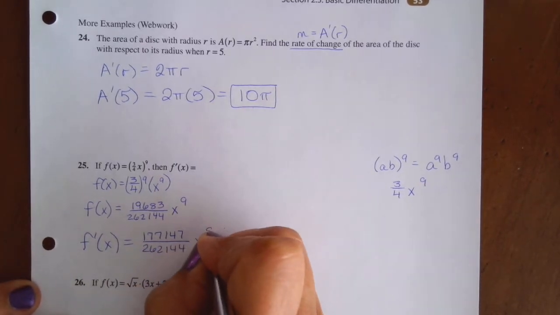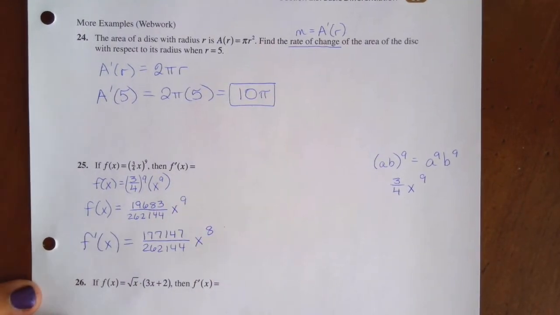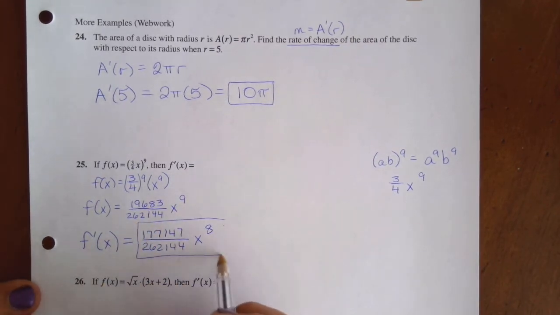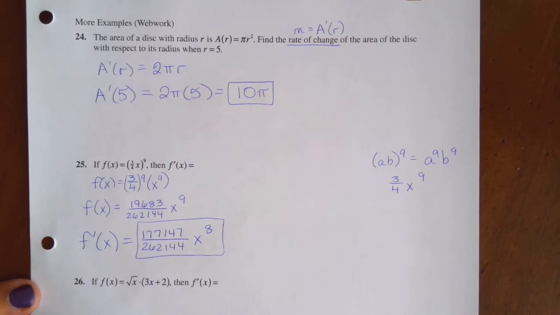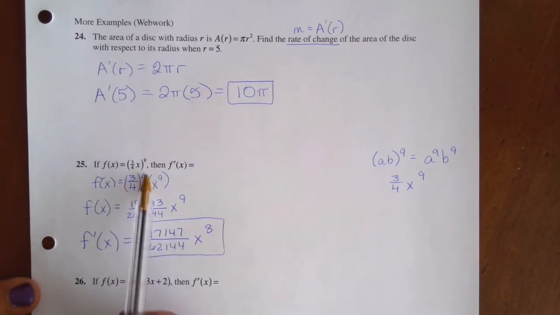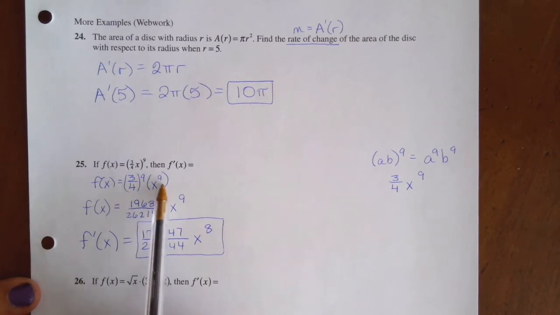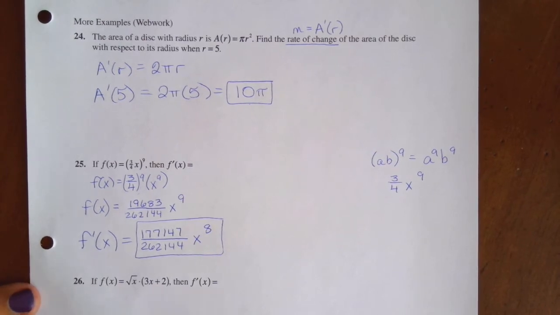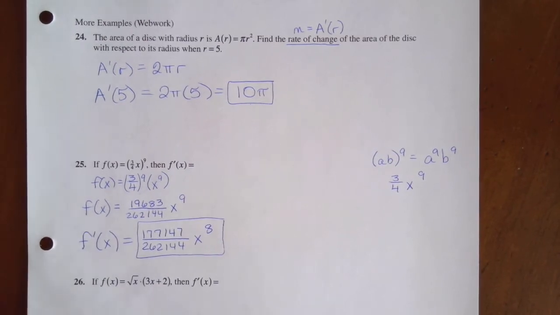And then we just subtract 1 from the exponent. Okay, so WebWorks likes problems like these. They just want to make you think a little bit. So again, you could have left this just like that, and then written this as 9x to the 8th and just written it into WebWorks like that. Okay, I'm just giving you the steps so you can see what we did.